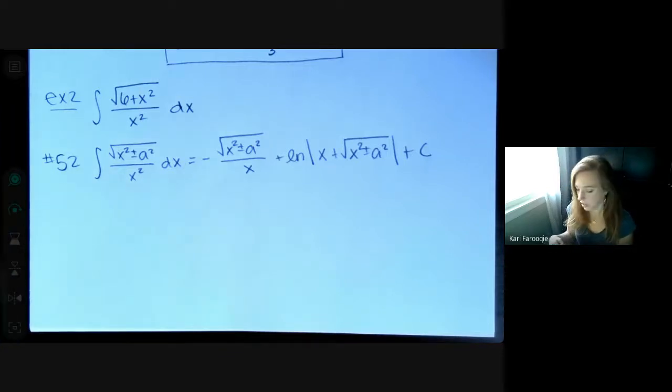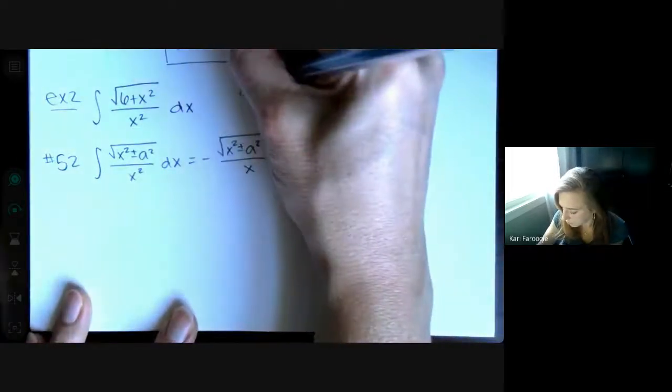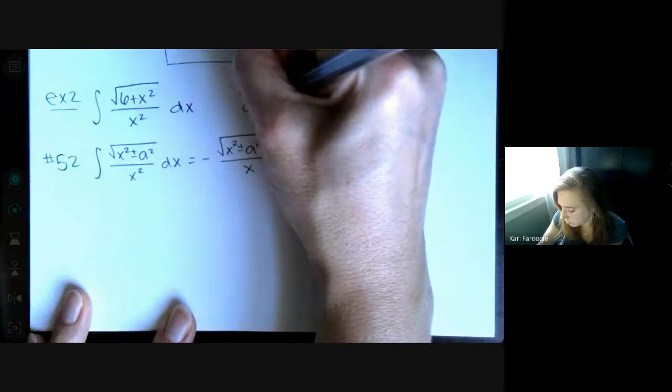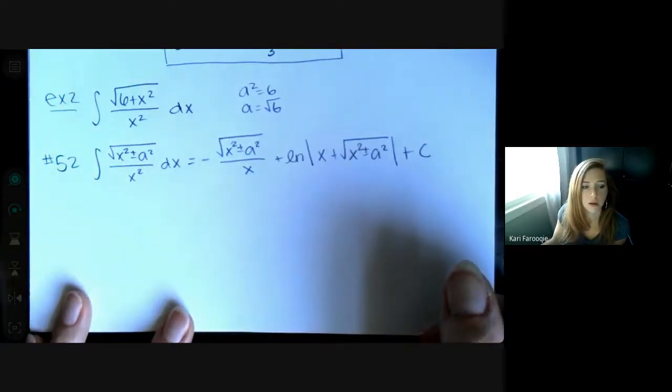Okay, so let's go ahead and match this up here. We're going to let a squared be equal to 6, so a is going to be the square root of 6, and everything else is good to go in this case.